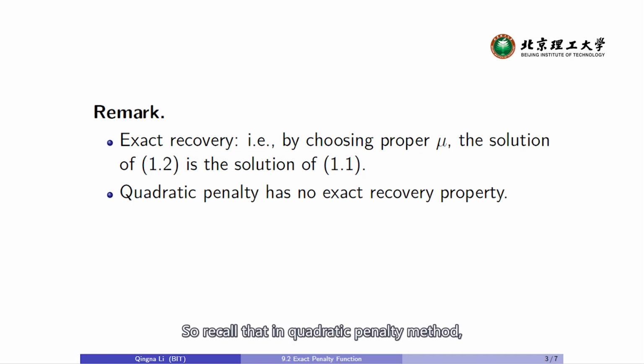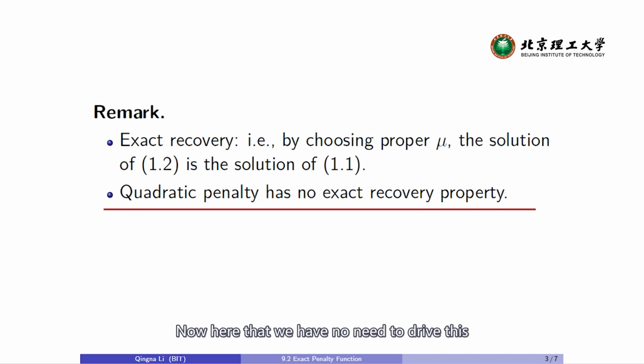Recall that in the quadratic penalty method, we have to drive the parameter sigma to infinity in order to get the original solution. Now we have no need to drive this penalty parameter mu to infinity. We just choose a proper one, then we can get the exact solution of the original problem.